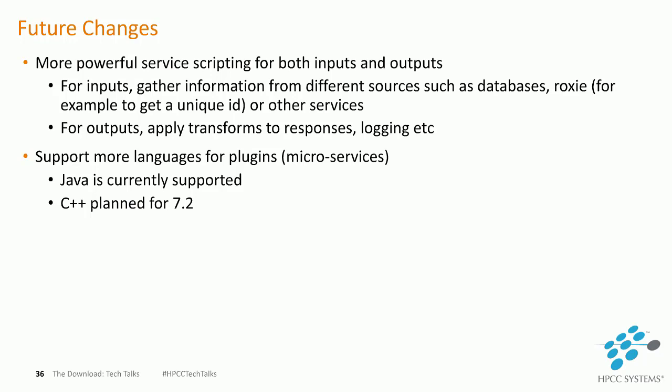We plan to be able to gather information from different sources, such as databases, Roxy, or other services. And for outputs, we can apply transforms to responses, logging, etc. And also, we're going to support more languages for plugins.